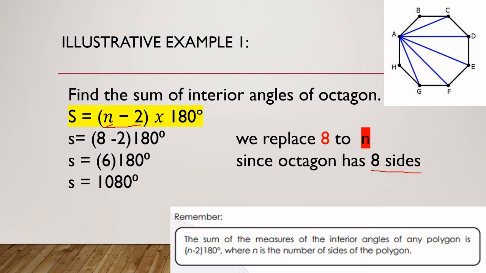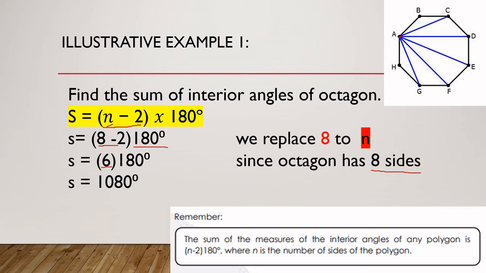So, you just replace n with 8. So, we have the quantity of 8 minus 2 times 180 degrees. 8 minus 2 is equal to 6. So, we can form 6 triangles when we draw a diagonal from one vertex in an octagon or 8-sided polygon.